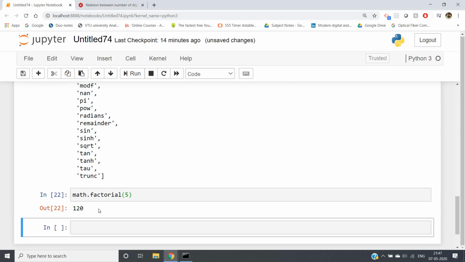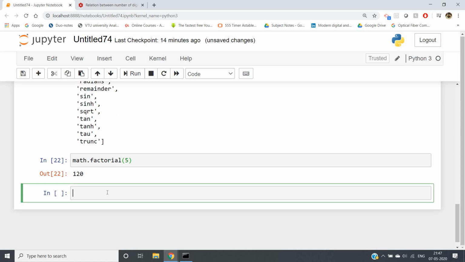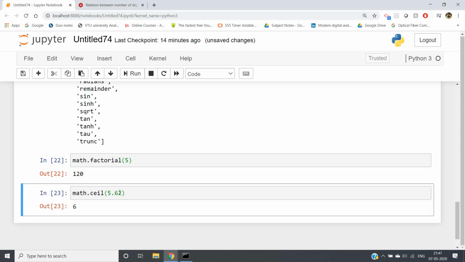Now, the next example I am giving, which is very popular, is the ceil operation, math.ceil. What will ceil do? Ceil will map a fractional number to the nearest highest integer. Suppose I am giving 5.62. So the nearest highest integer is what? 6, right? I will be getting 6.